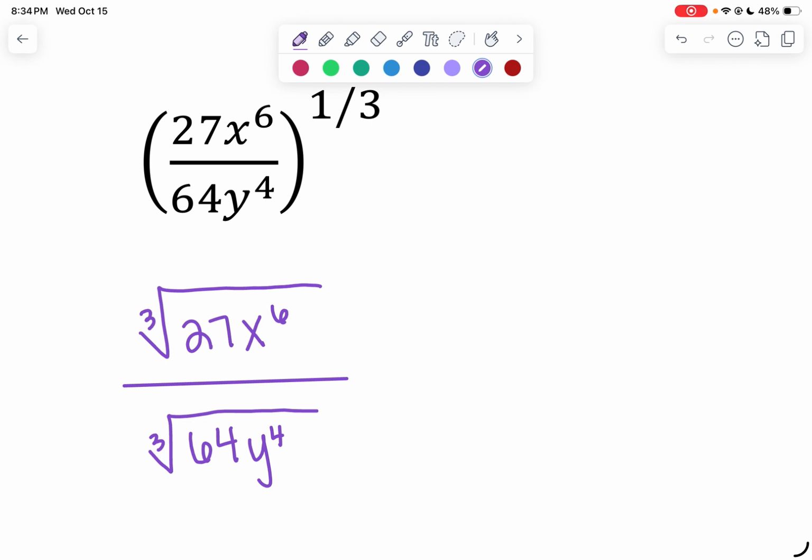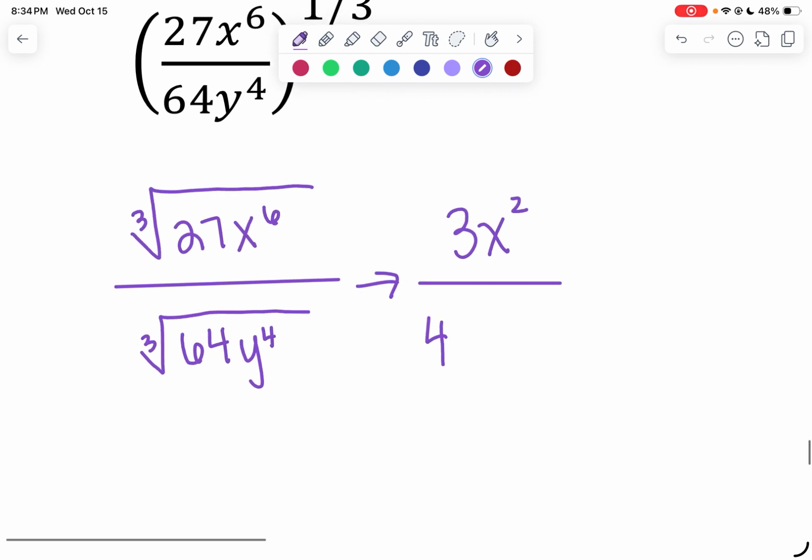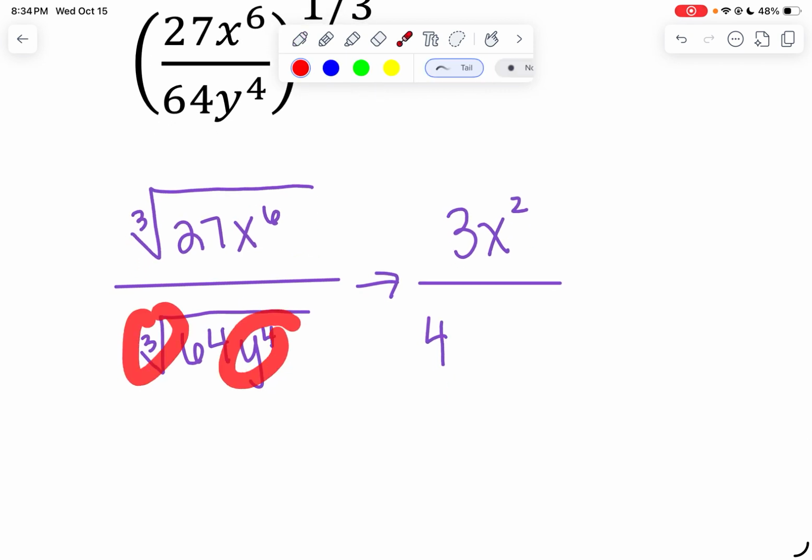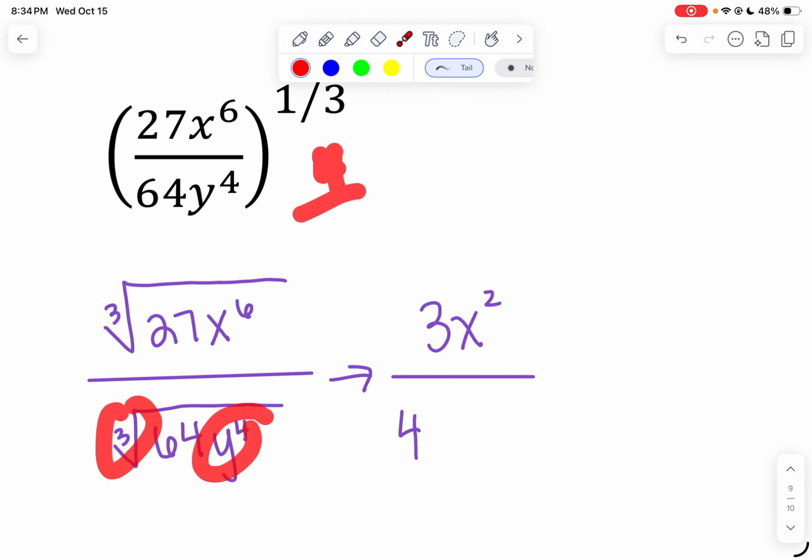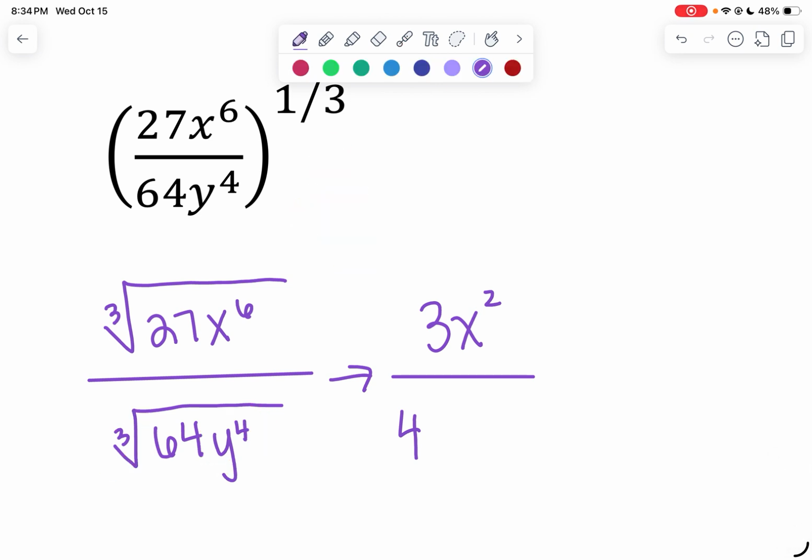Now, if you know your perfect cubes, which you should, the cubic root of 27 is just 3. So that's going to be 3x to the 2nd power. Okay, 6 times the 3rd is just 2. So 2 groups of 3. Okay, over the cubic root of 64 is 4. And then I have one group of 3 in there. So I've got one group, so 1y. And then I have a remainder of y, so that would be the cubic root of y.